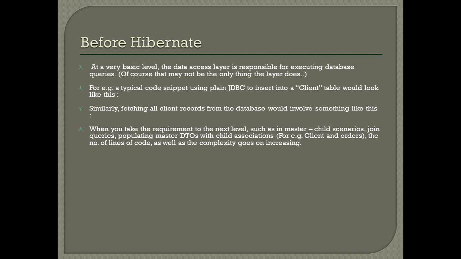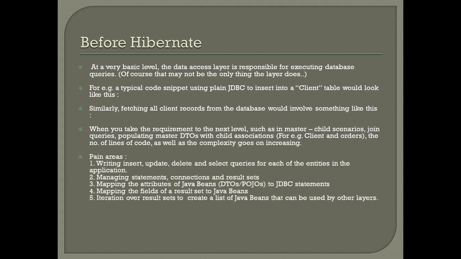In the SQL queries, you have to add attributes to your Java class, you have to add all the setters and the prepared statement population. Everywhere you have to go and make changes, even if you're going to add a single column into a database table. So there are a few pain areas right now when you try and use JDBC.